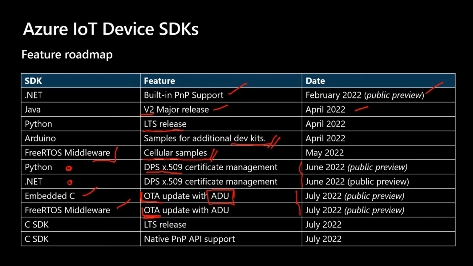And then finally, looking at July 2022, we should have a long-term support release for the CSDK and also the native PNP API support as well.